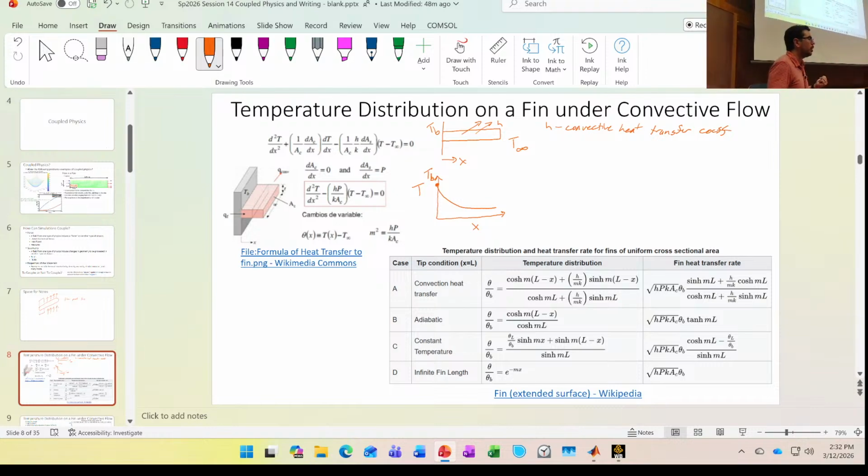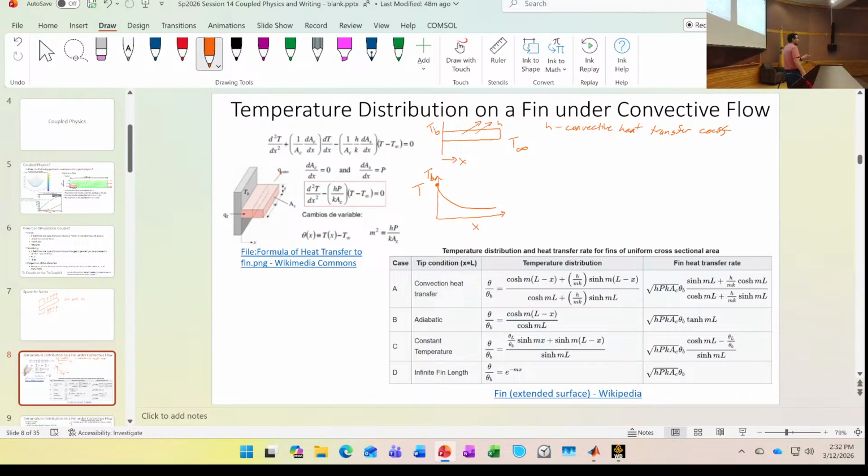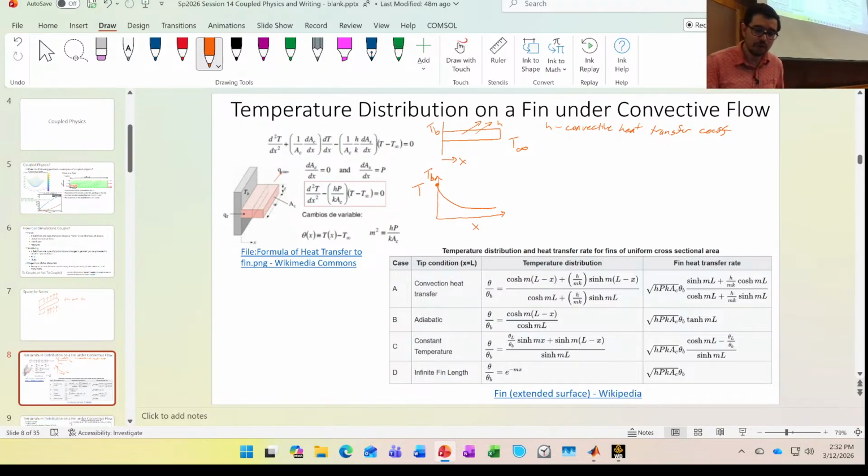What's the other thing that can affect that profile? If H is high, if you have a lot of flow and a lot of heat transfer through convection occurring, which way do you think that curve is going to go? Quadrant 1, the convective heat transfer coefficient goes up.